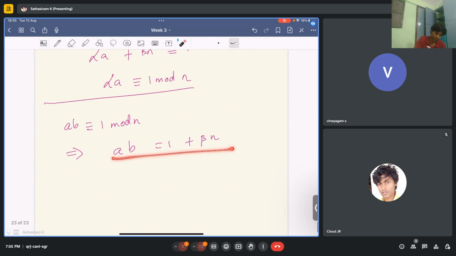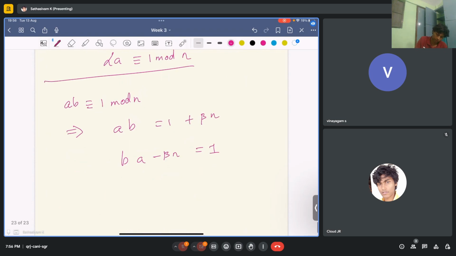Now we have this statement, right? So what we have is b times a minus beta times n is equal to 1. Now again use the Bezout identity. So this tells you the GCD is actually 1.